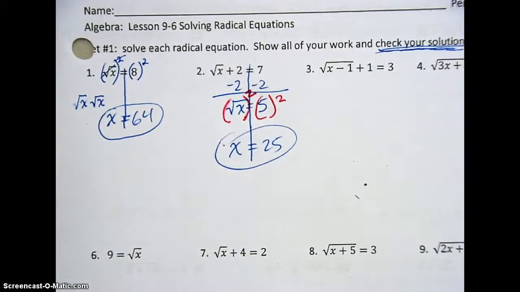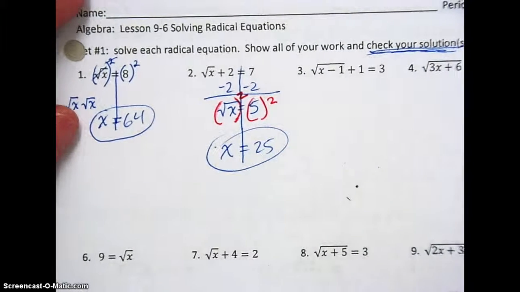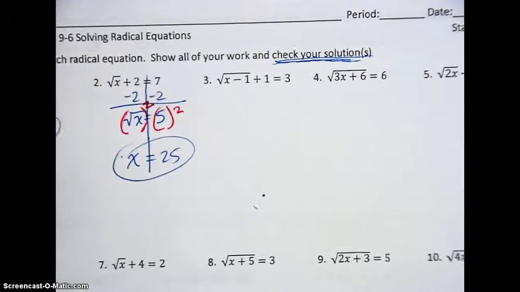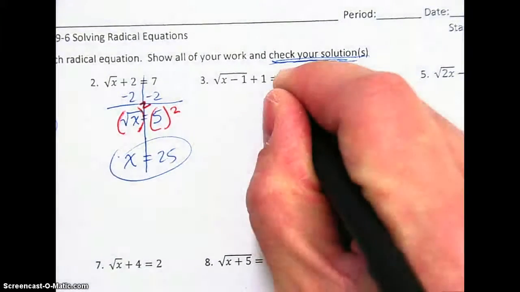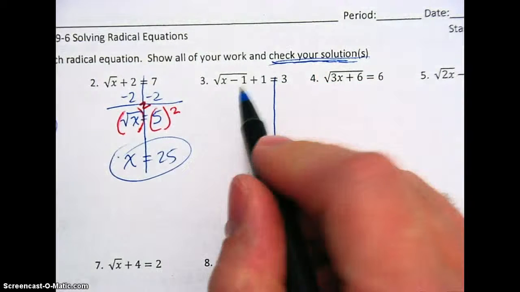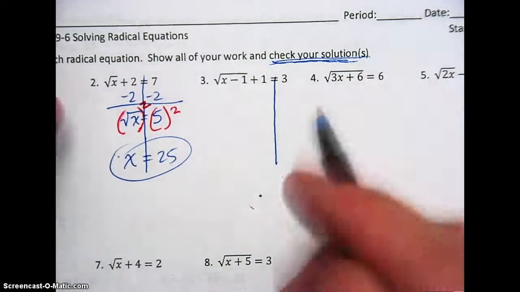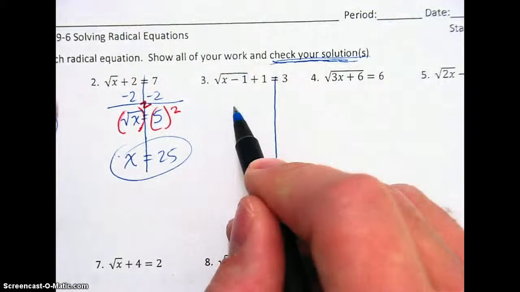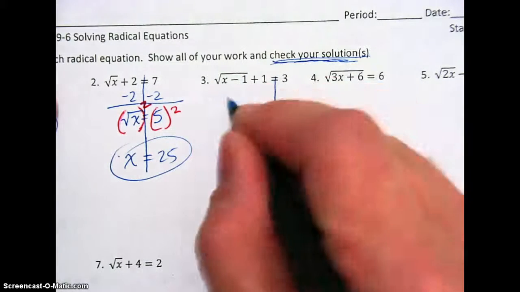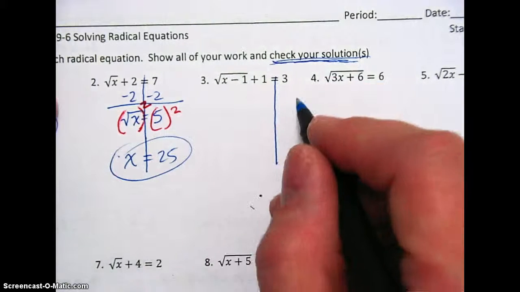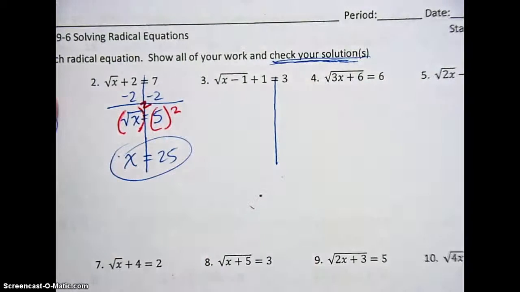After we started working, I had 2 good questions that came up. First, like on number 3, do you square both sides first? No, you have to get the radical alone on one side first. So the first step is to do what here? Subtract 1.